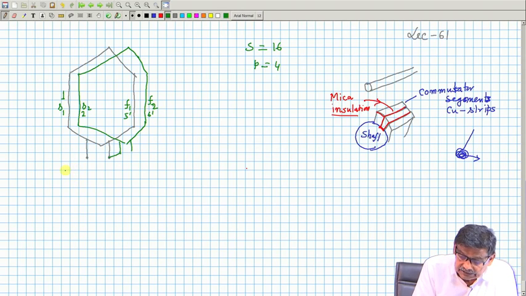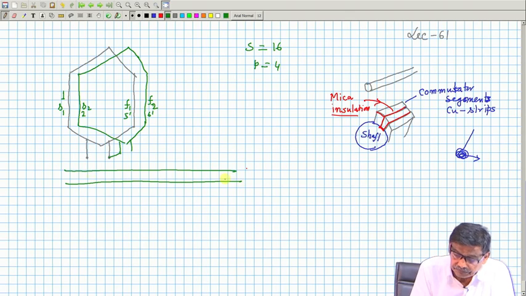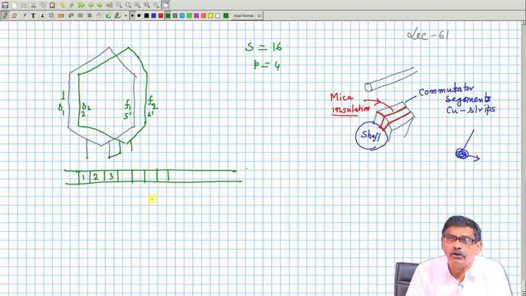Now, below this I will try to show the commutator segment like this. One commutator segment, also I will number them 2, 3. How many commutator segments will be required? As many slots are there, as many coils are there, because you recall that from the junctions I need one commutator segment. There are 16 coils.